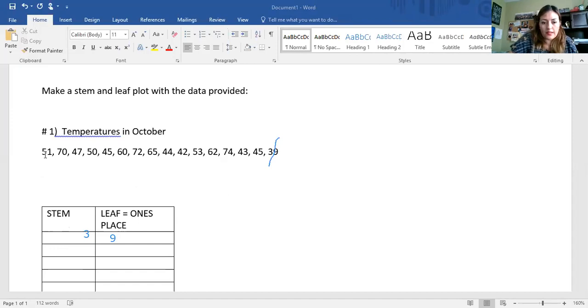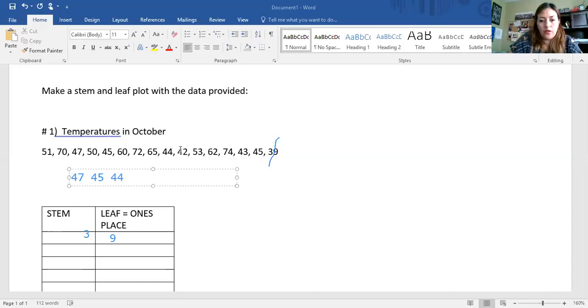Do I have 40s? I do. See right here? So it would help me if I write them down so that I see. So I have a 47, so I can write it down, 47. Then I have a 45. Then I have a 44.